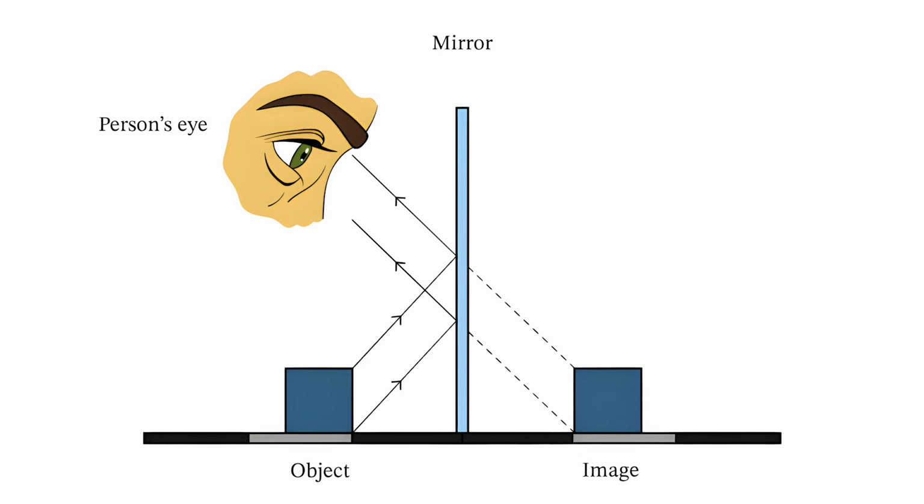But to get a nice, crisp image in a mirror, you have to have a sufficiently flat reflective surface. Because if you have a really bumpy surface, the different parts of the image are going to be all jumbled up. Let's say I'm looking at my face in the mirror. If the mirror is not flat and really smooth, then part of the light that came from my nose will be mixed up with part of the light that came from my forehead or my ear or wherever else.